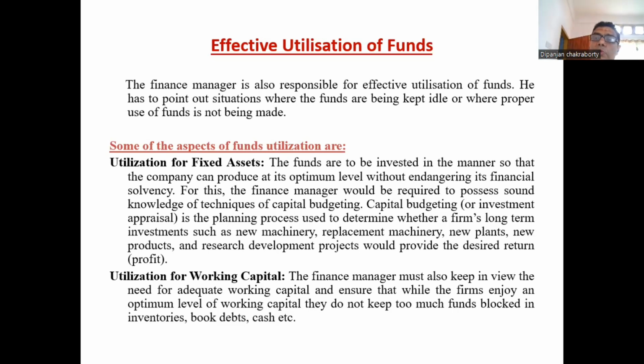Once the funds have been procured, it is the responsibility of the finance manager to use them effectively in the organization. He has to point out situations where funds are being kept idle or where proper use of funds is not being made. In some cases, he has to decide that funds should not be used, and in other cases, that funds should be used in a proper way.